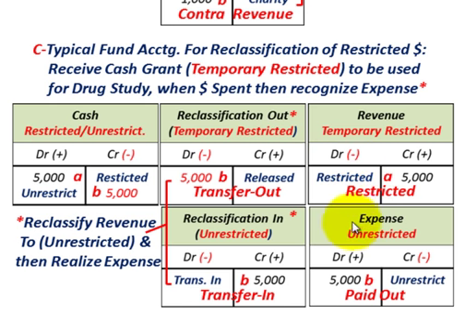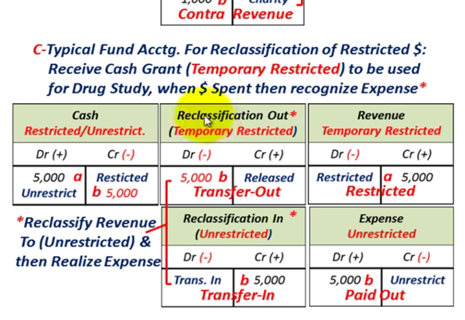Now, when we actually spend that money for that drug study, this is when we can recognize our expense, and that's going to be an unrestricted expense. But what we have to go through is reclassify this revenue from a temporarily restricted revenue to moving it to the unrestricted revenue or asset account.